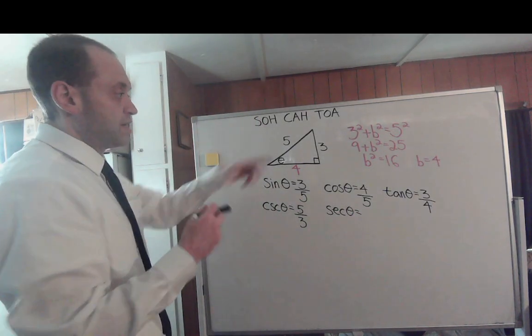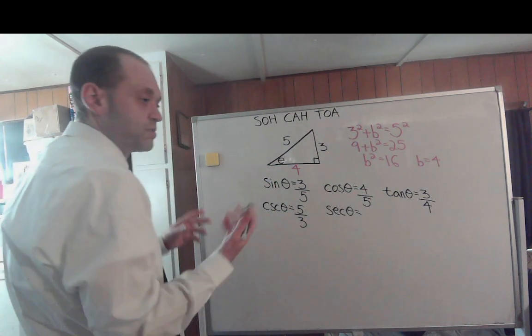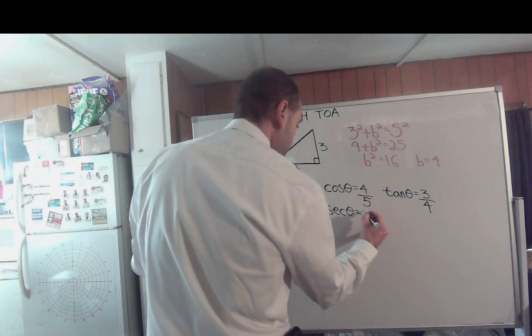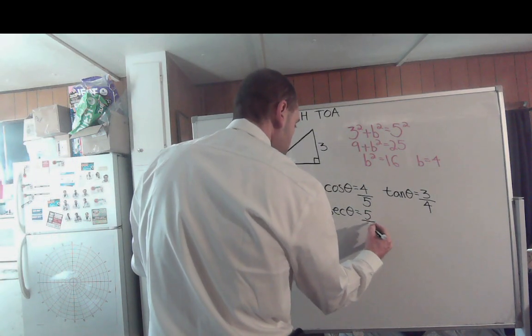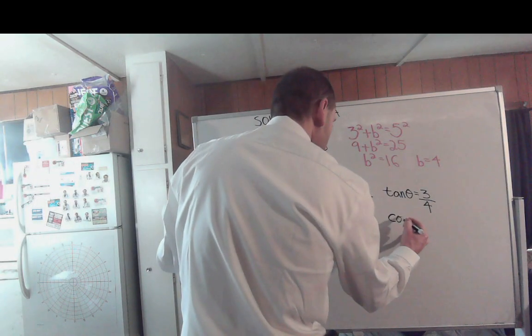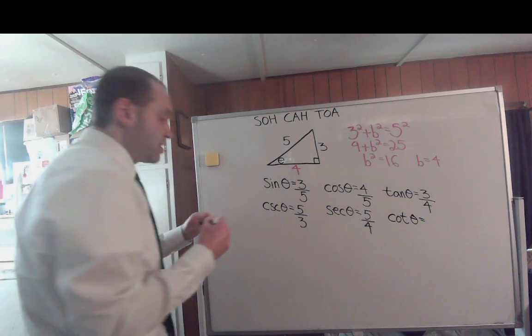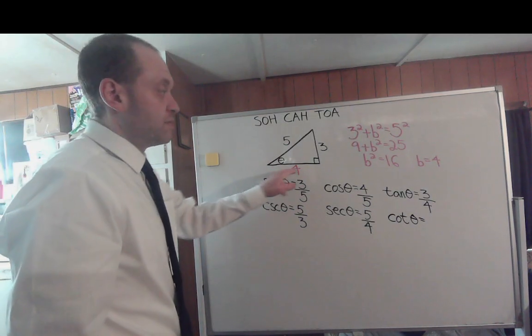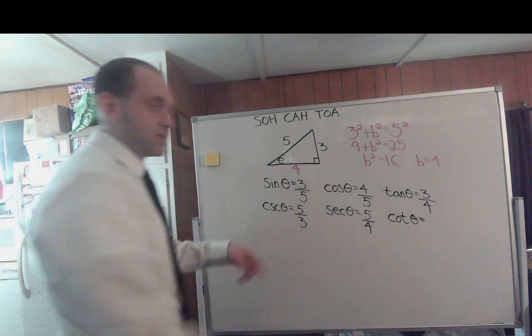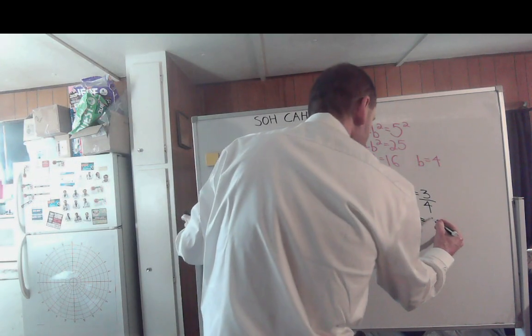That's the hypotenuse over your adjacent leg, or simply the reciprocal of the cosine. So the reciprocal of 4/5 is 5/4. And then, of course, you have the cotangent of theta, where that is the adjacent leg over the opposite leg, or simply the reciprocal of your tangent. The reciprocal of 3/4 is going to be 4/3.